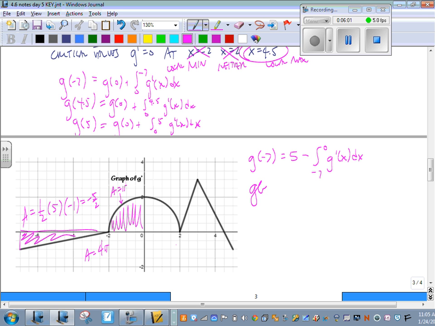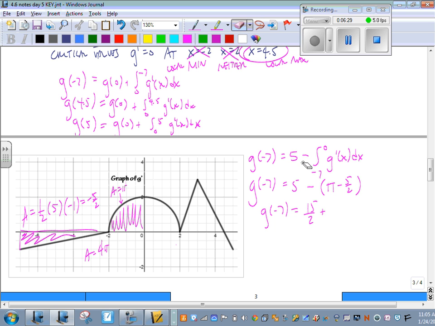So g of -7 equals 5 minus (pi minus 5/2). Combine those two there, and we can combine like terms, so we end up getting 5 plus 5/2, so that's 15/2, sorry, minus pi.